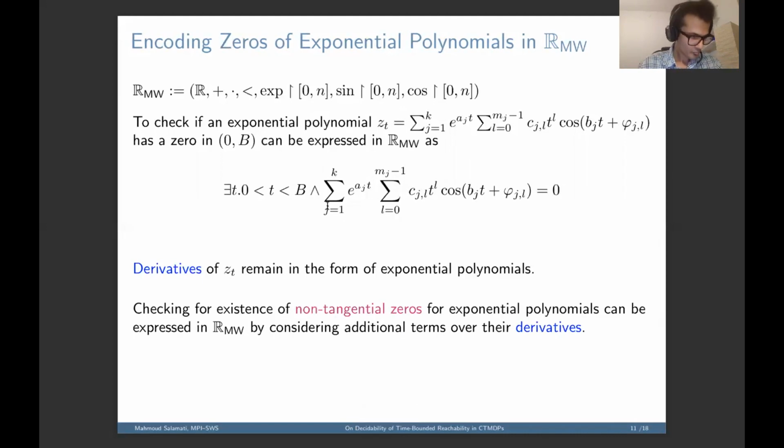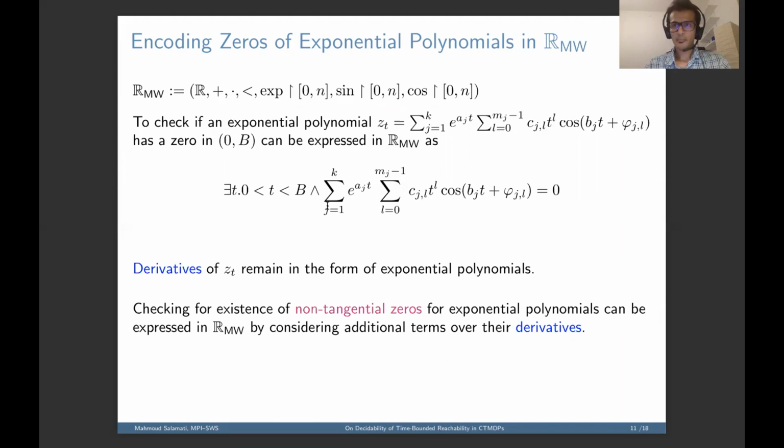However, we are more interested in reasoning about non-tangential zeros of exponential polynomials, and we know that reasoning about non-tangential zeros can be done by looking at the derivatives of these polynomials.